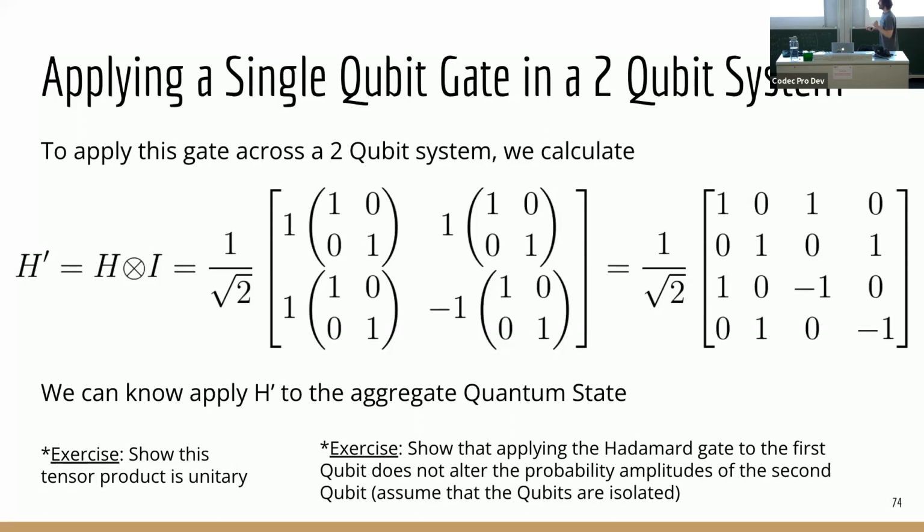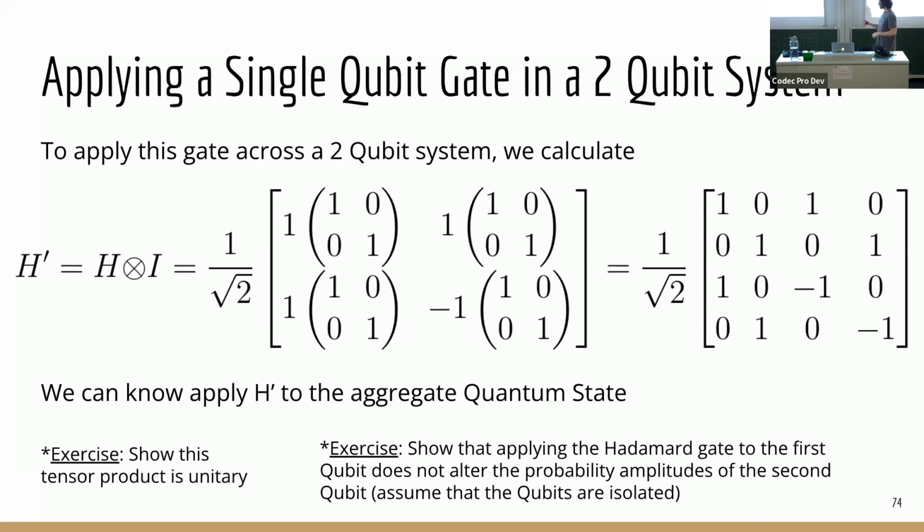And I haven't formally defined how we work with matrix tensor products in terms of the indexing of different entries. However, a sort of intuitive way to think about it is that we take each entry of our Hadamard matrix and we multiply it, so to say, by the entire identity matrix.